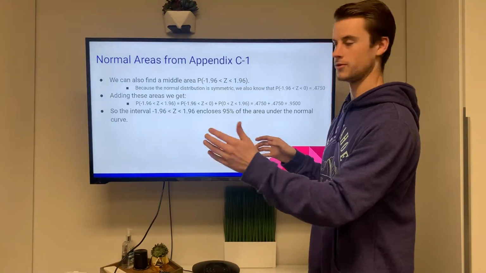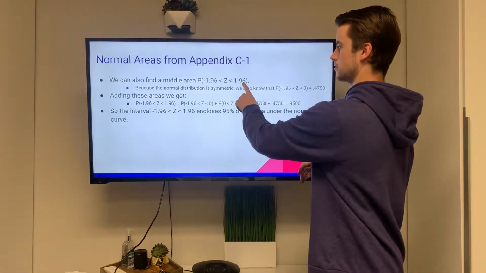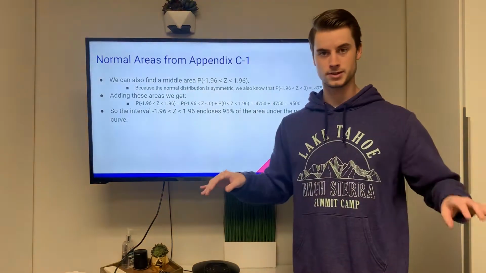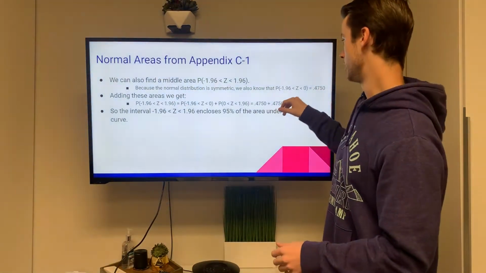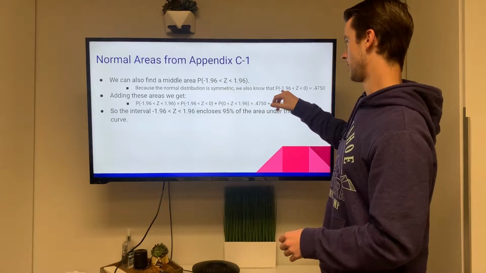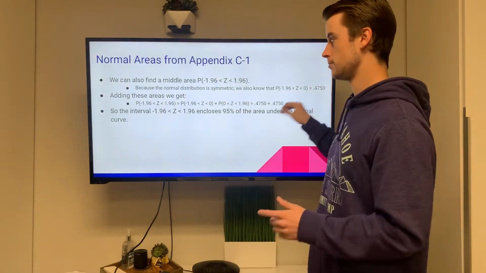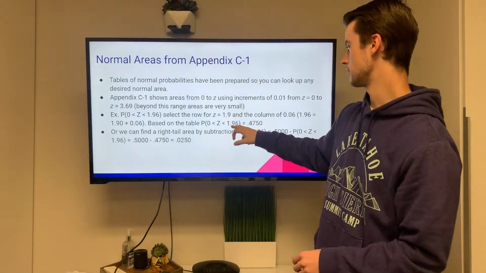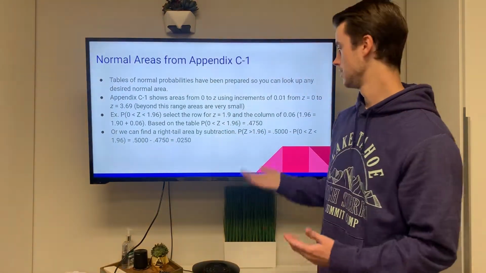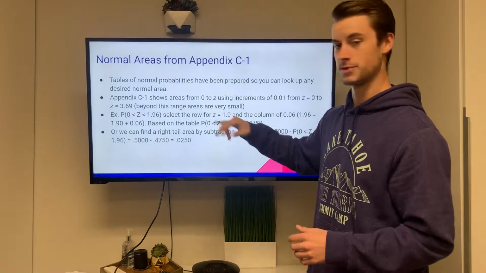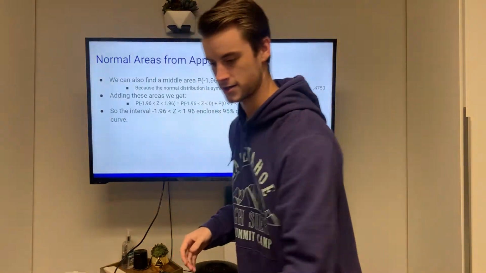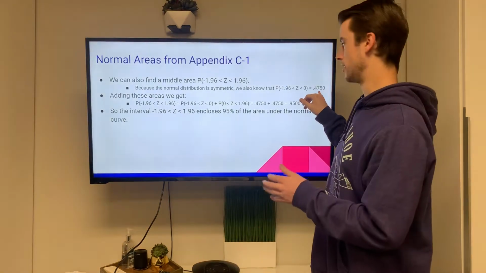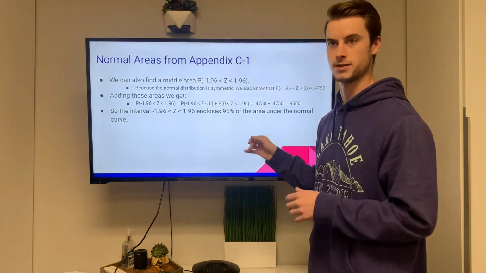Because it's a normal distribution, it has equal tails and is symmetric. So the probability from negative 1.96 to 0 should be the same as the one we figured on the last slide, from 0 to 1.96. That just makes sense logically. If we go from 0 to positive 1.96, they should be the same.